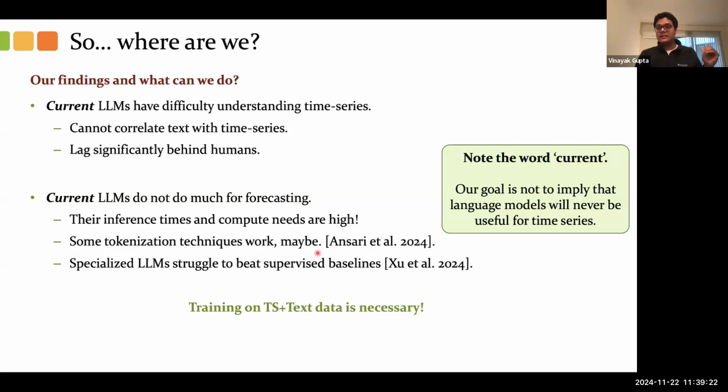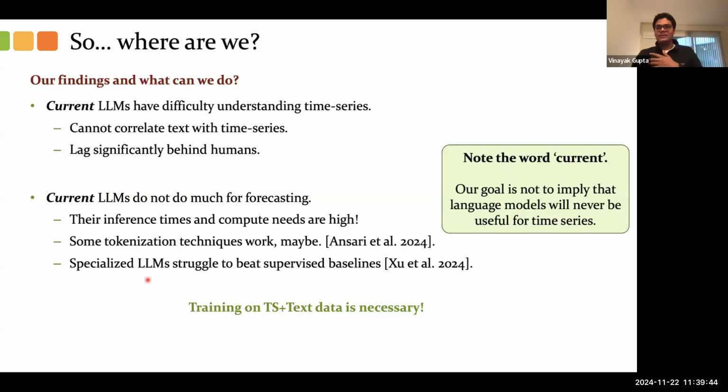Is it actually preserving the temporal structure, or is it just completely creating a new time series? We have to focus more on that as well. And there is several research that also supports our claims: many people have shown that specialized large language models are lagging behind very simple and very naive supervised baselines.